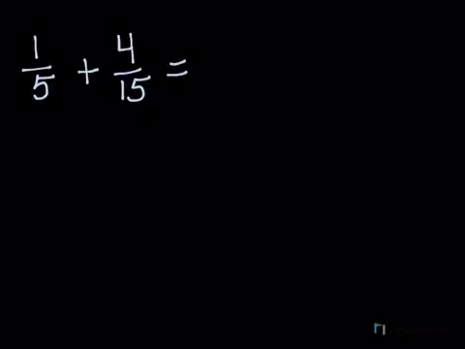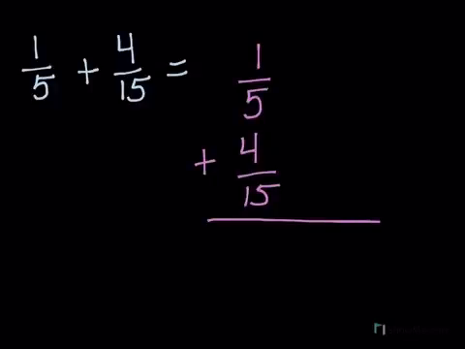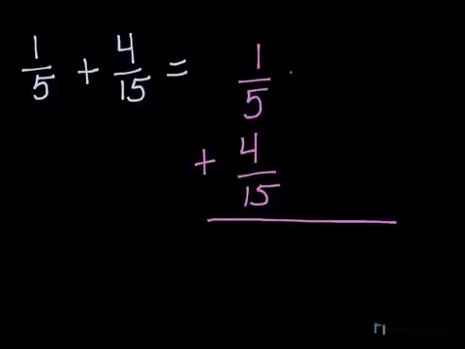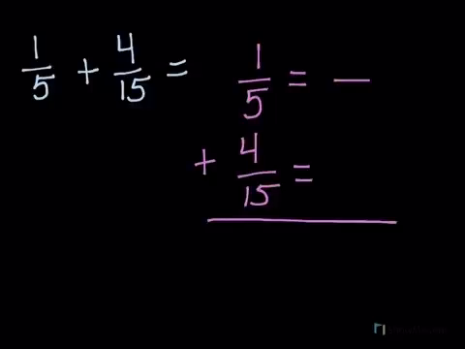So I want to make my denominators the same. So in this case, I'm going to rewrite my fractions, 1/5 plus 4/15. Going to draw an extra long answer line. And I'm going to put equal signs because I have to make my equivalent fractions.